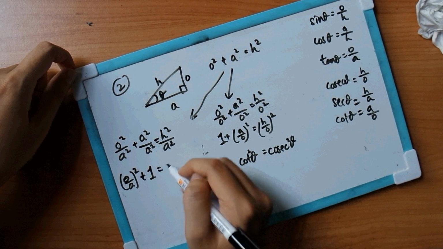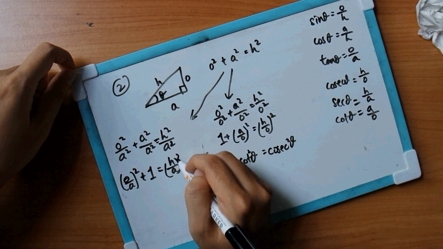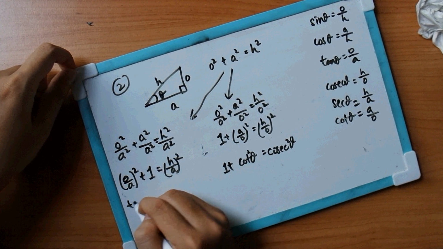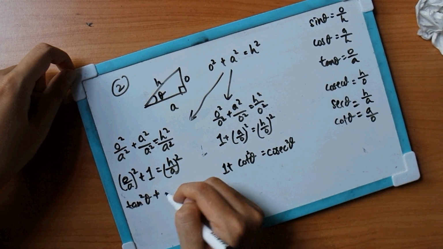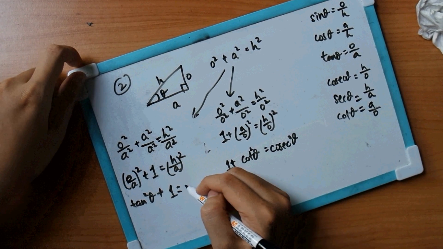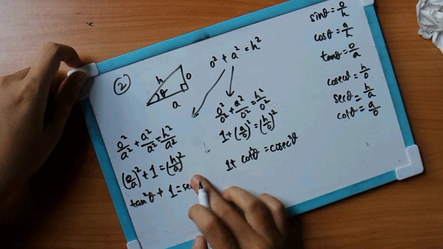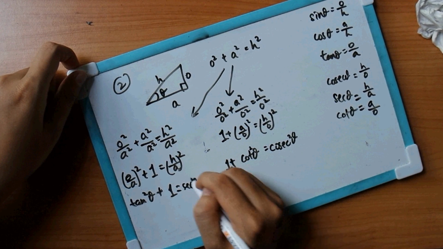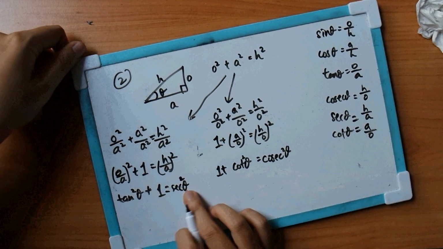This is 1, this is H over A. O over A is easy, it's tangent, right? H over A. So again, let's look at this. It is secant. Okay, so there we have it.